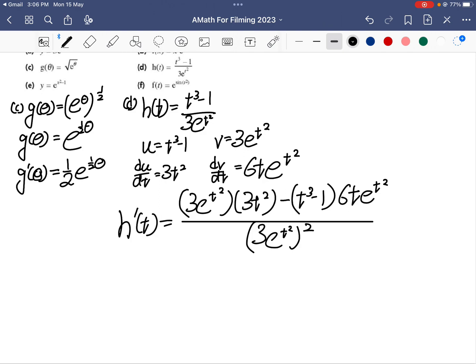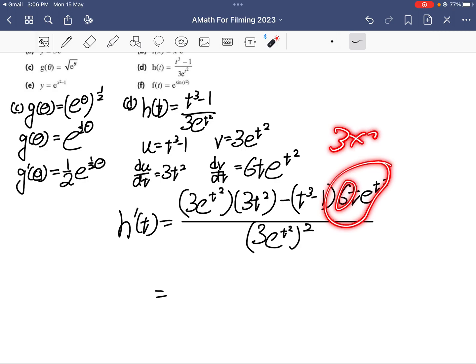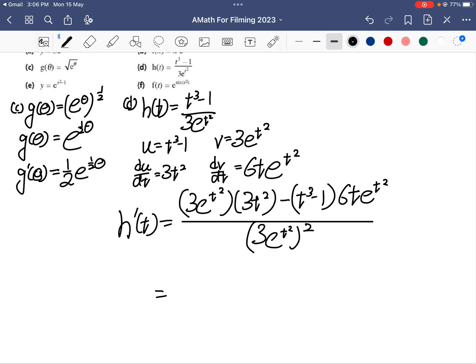Now if I want to save myself some trouble, there's a 3 and e to the power of t squared here, and also there's a 6, which can be 3 times 2. I can actually factorize 3e to the power of t squared. So what I'll do here is write 3e to the power of t squared.